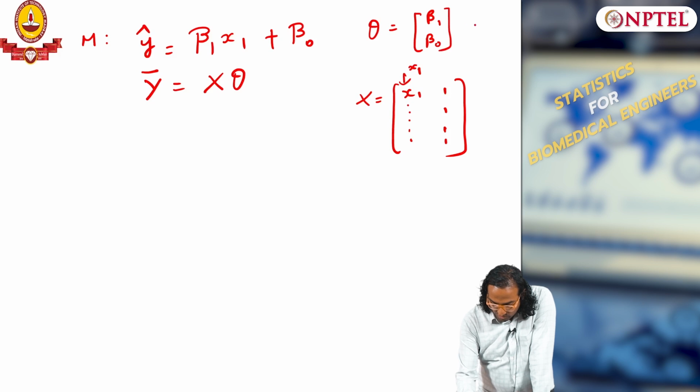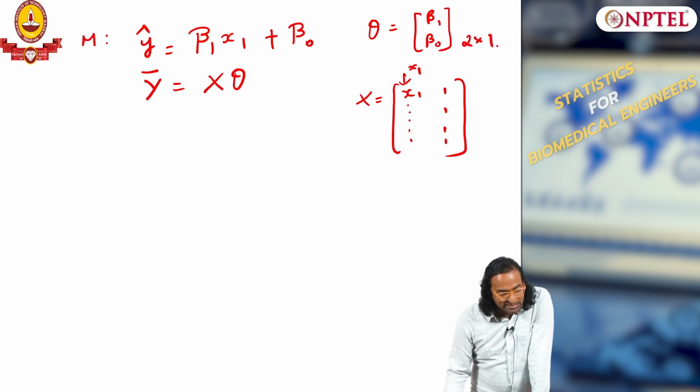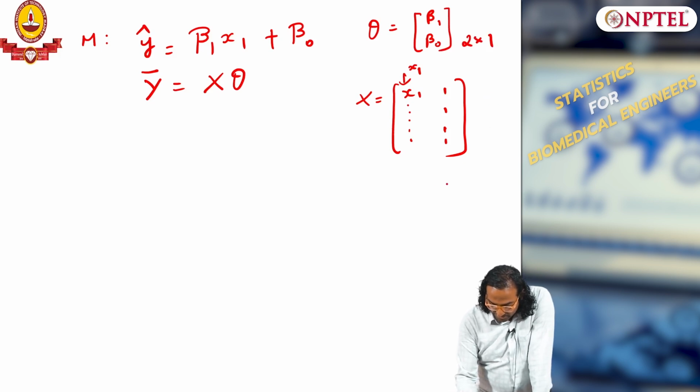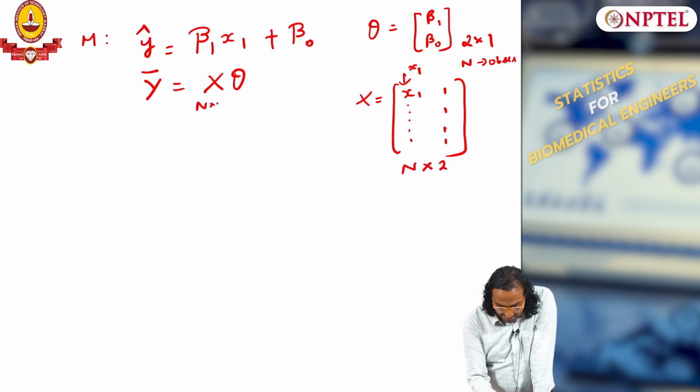So, this is 2 cross 1 size, and what is this size going to be? Let us say there are capital N observations. So, this is n cross 2. So, this will make sense, n cross 2 into 2 cross 1.